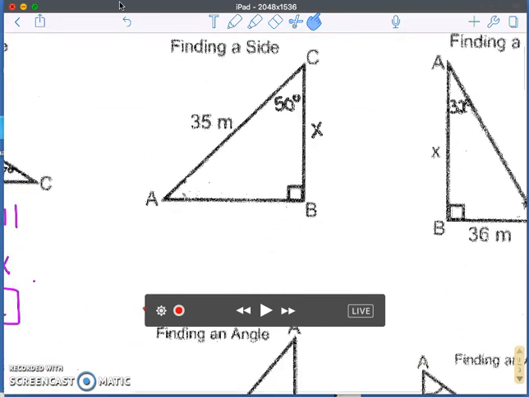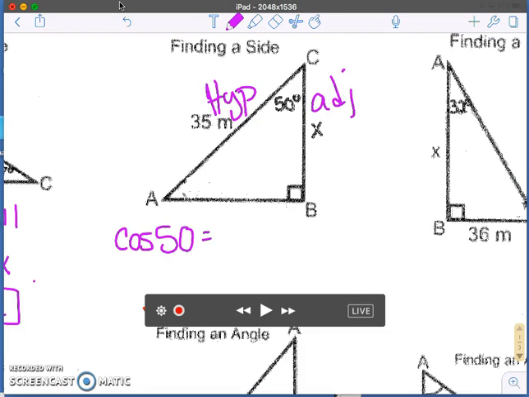So when we take a look at this next one here, we need to find a side. So once again, we have the hypotenuse, but if our angle is here, this is the adjacent. So we have to use the A and H, the cosine again. So the cosine of 50 equals x over 35. And again, we need to solve for x, so we can multiply everything by 35.